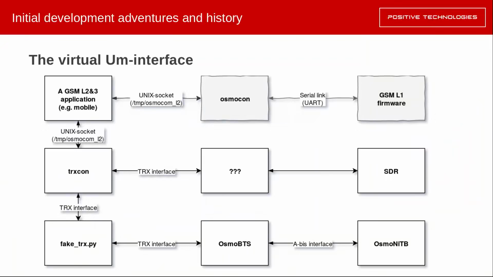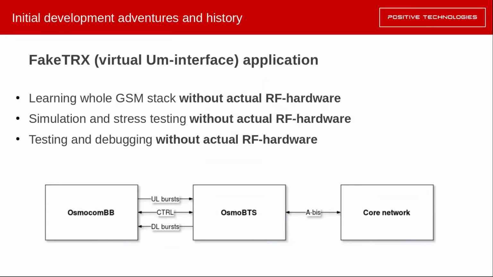It acts like a proxy on level 1, so you don't need any hardware to interact with your open source network from the open source mobile side stack. The purpose of this tool is, for example, that you can learn the whole GSM stack without hardware. You can perform simulation and stress testing without hardware, and of course you can test and debug other projects.